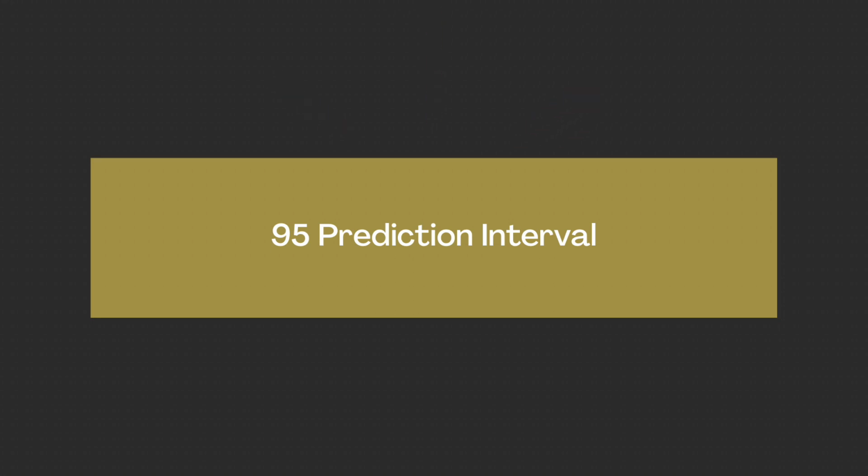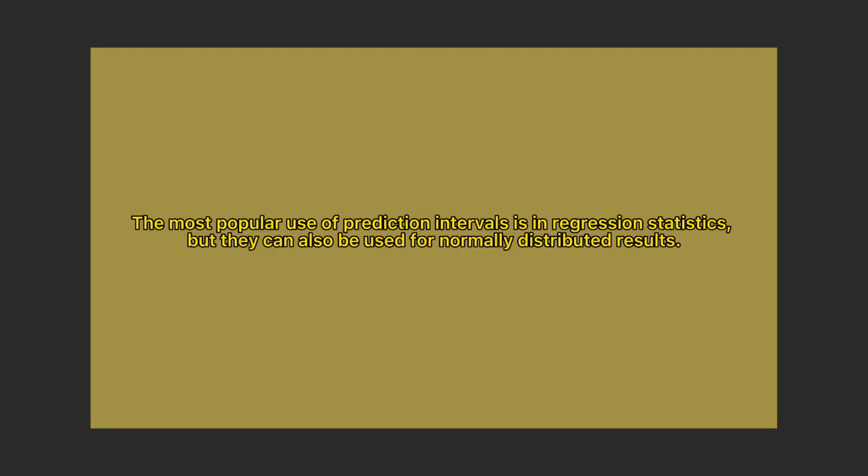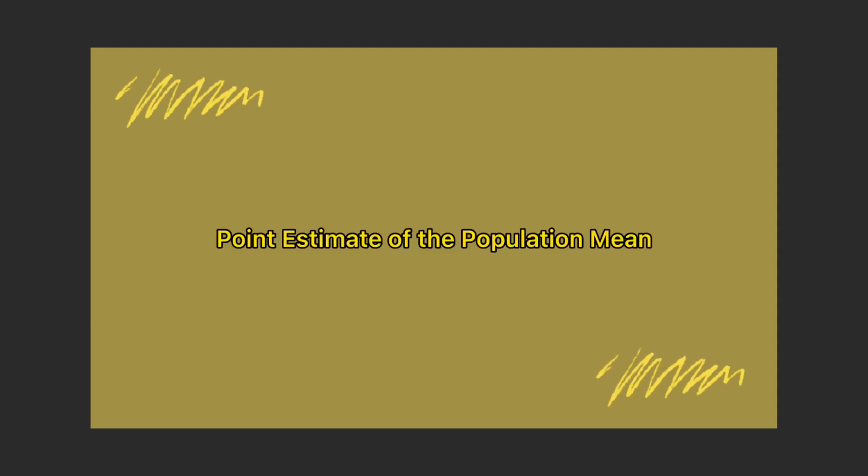If we take 20 samples and determine a prediction interval for each, we can expect 19 of the intervals to contain a single future observation, while one of the intervals will not. The most popular use of prediction intervals is in regression statistics, but they can also be used for normally distributed results.